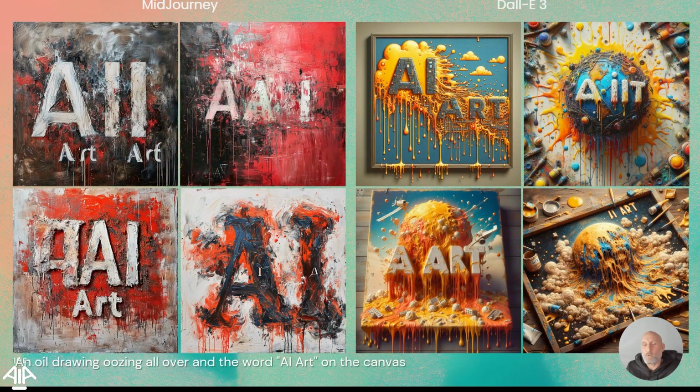The next generation was an oil drawing oozing all over and the word AI art on the canvas. Here, Midjourney almost nailed it. I really love the texture of the oil painting that it did. It's much better than what Dall-E generated. What Dall-E generated actually doesn't look like an oil painting at all. It is oozing, but it did manage to have the word art here and there.